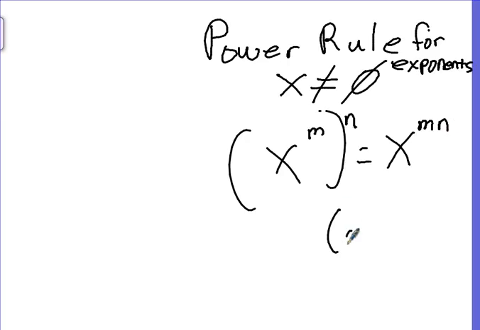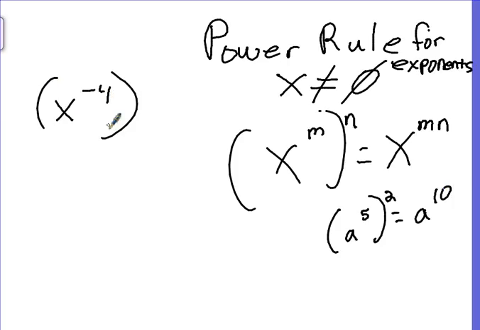So, for example, a to the 5th squared equals a to the 10th, because we do 5 times 2. X to the negative 4th to the negative 2nd power equals x to the 8th, because negative 4 times negative 2 is positive 8.